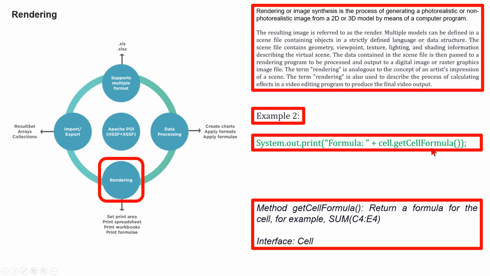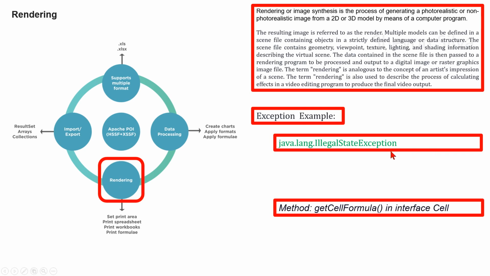This method is available in the Cell interface. As an exception example, we can consider java.lang.IllegalStateException, which can occur in the getCellFormula method in interface Cell.